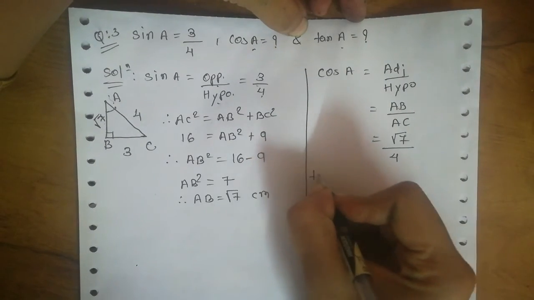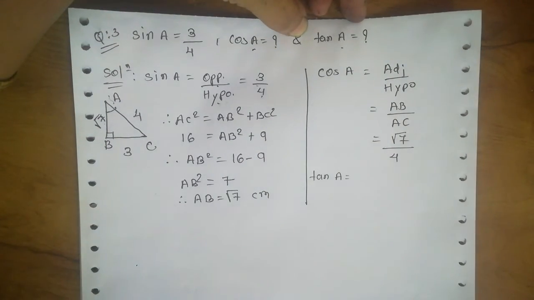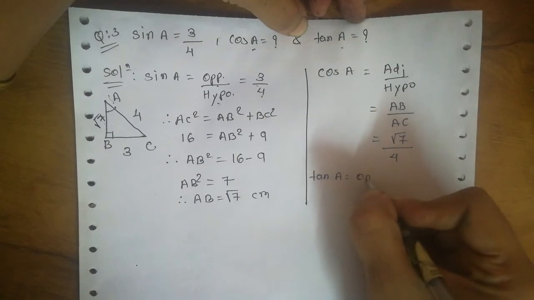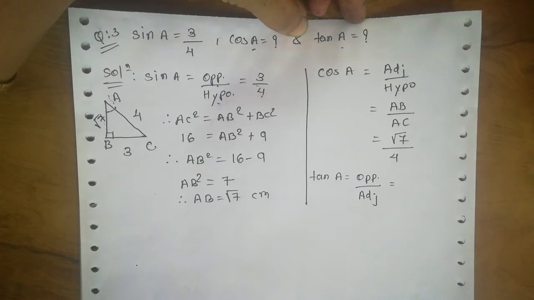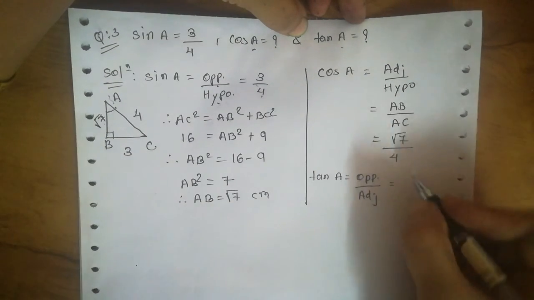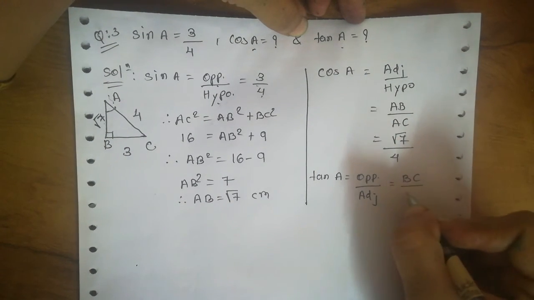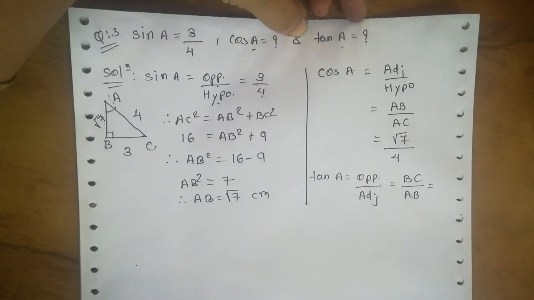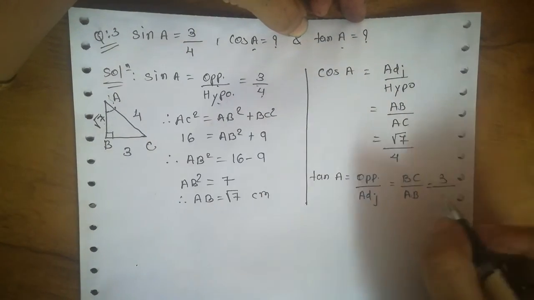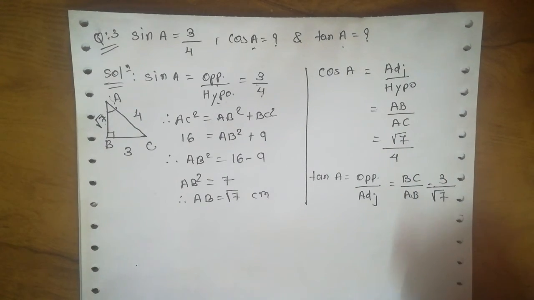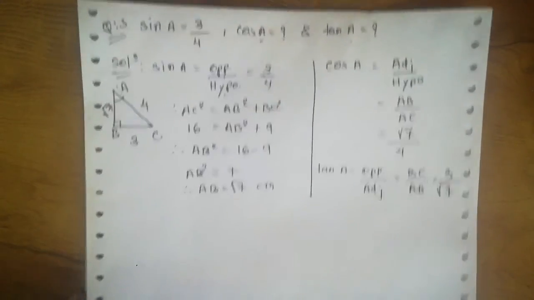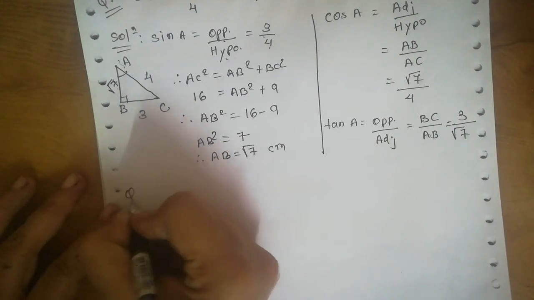And what about tan A? Tan A is opposite side by the adjacent side. Opposite side for the angle A is BC and adjacent is AB. So BC is 3 and AB is root 7. So these are the values for cos A and tan A. Okay, move to question 4.